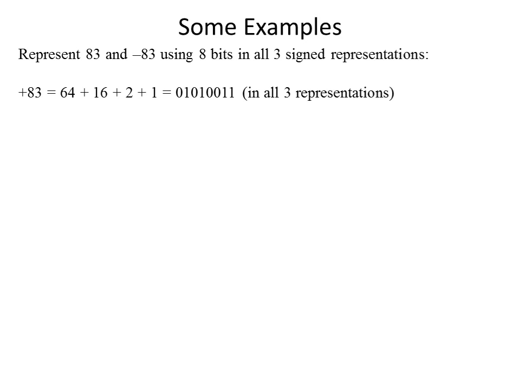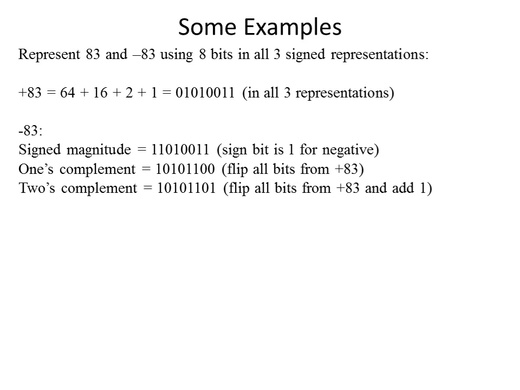Let us take 83 and minus 83, 8-bit representations in all three signed representations. At first we take plus 83, that means it is simply converted into binary.